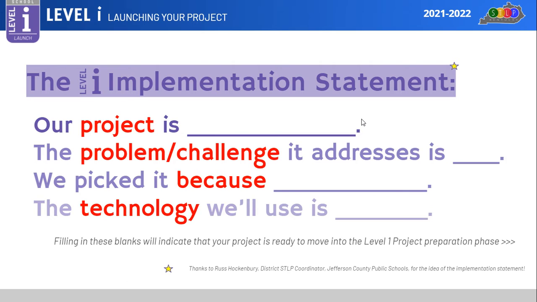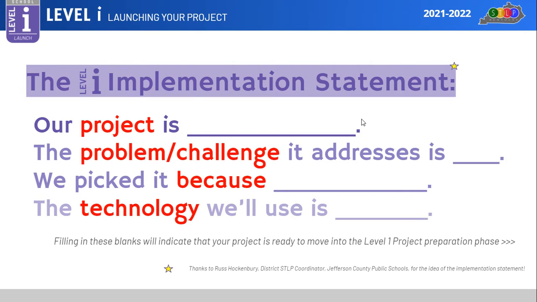The one I did about the buses. Our project is making an app so we can tell when our buses have arrived. The challenge it addresses is our buses never come to school at the same time. Students are in different places. They don't know when the buses come. They miss their bus.